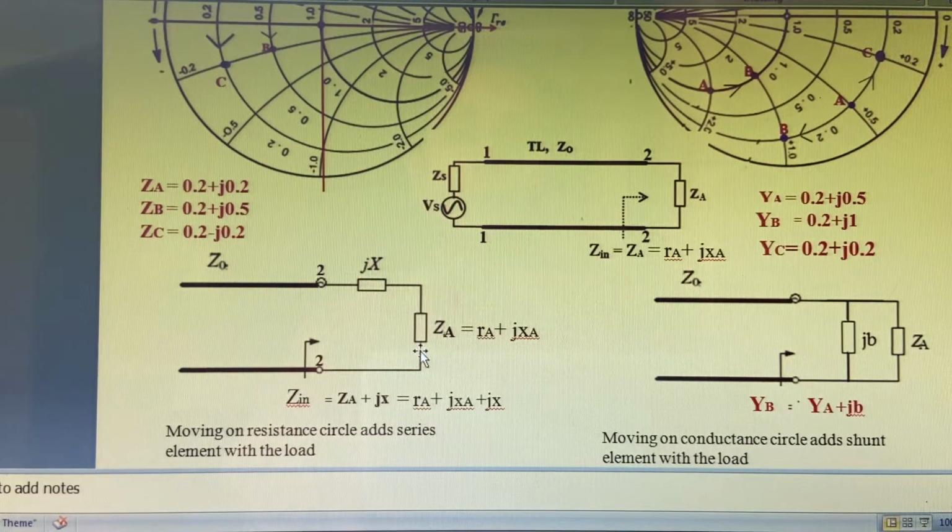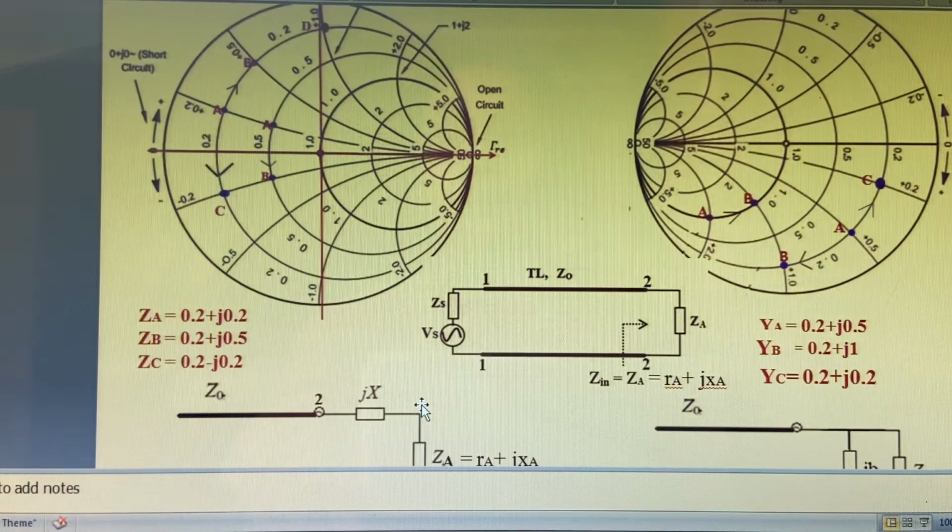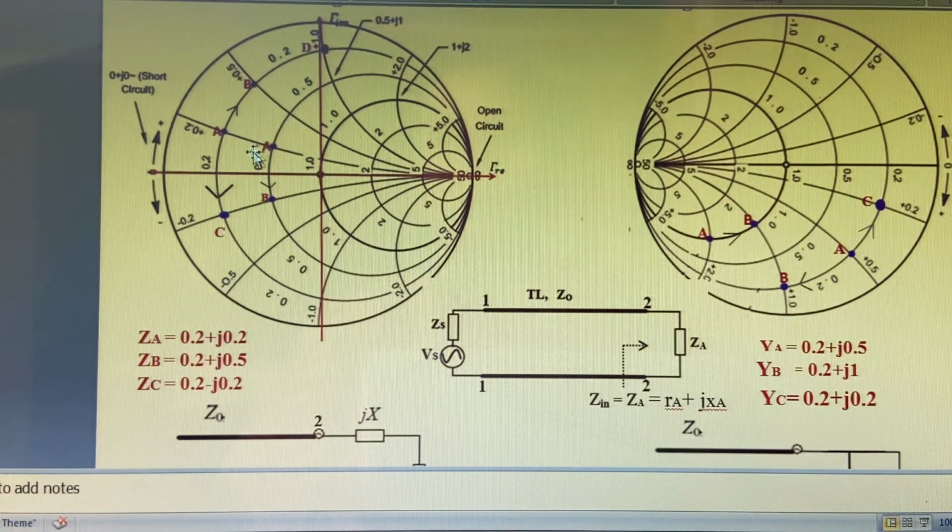So this is nothing but moving from point A. This is the impedance marked, that is Za is marked here. So adding a series element along with this Za is nothing but moving from point A on the resistance circle.